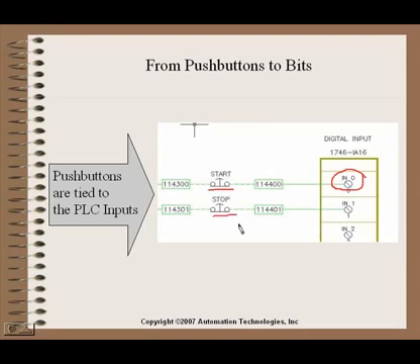So both our start and stop push buttons from our previous example come in to an input card, and then they can be used and processed, and we'll see that later when we get into the PLC program.